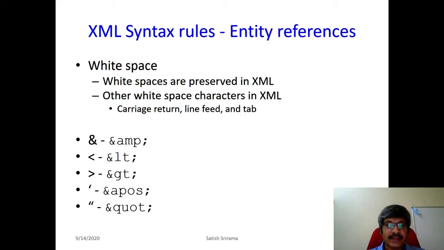But there are other entity references. For example, the ampersand is a problem in HTML as well as here, so you have to use an entity reference like ampersand amp semicolon. Similarly, if a less than appears within the text, the parser will get confused, so you need an entity reference like ampersand lt semicolon, and ampersand gt semicolon for greater than.